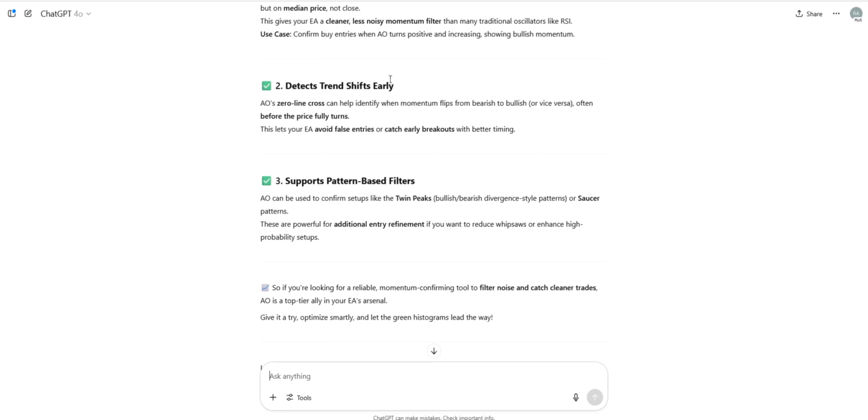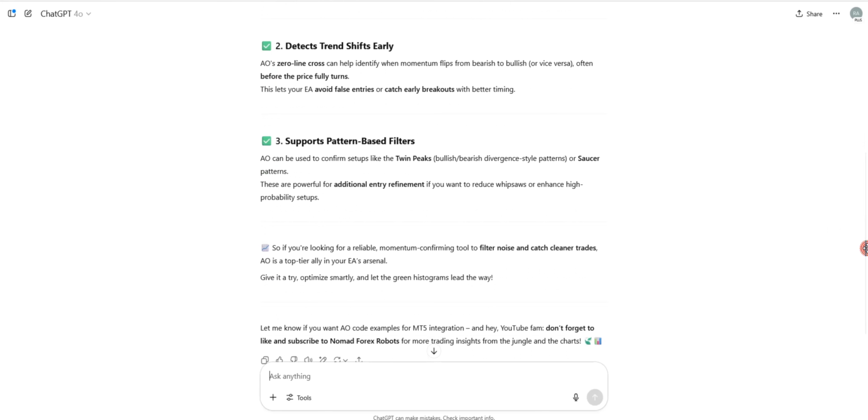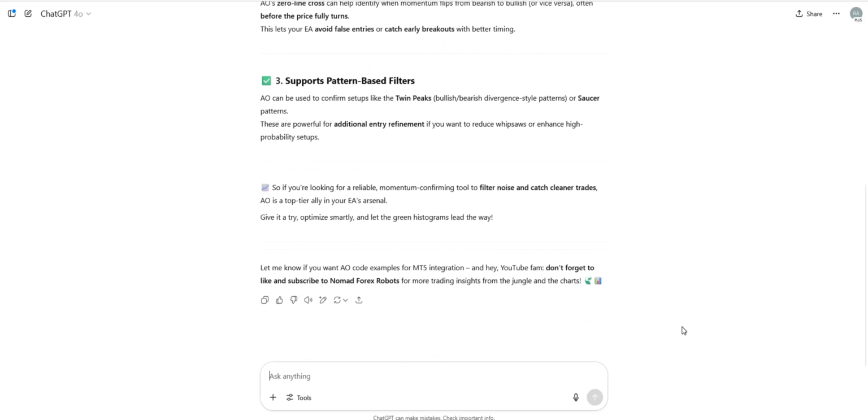It is insanely useful. You can read these. And it supports pattern-based filters, which is also great, because in the next videos we are going to add some more serious price action to the EA. So okay, let's go.